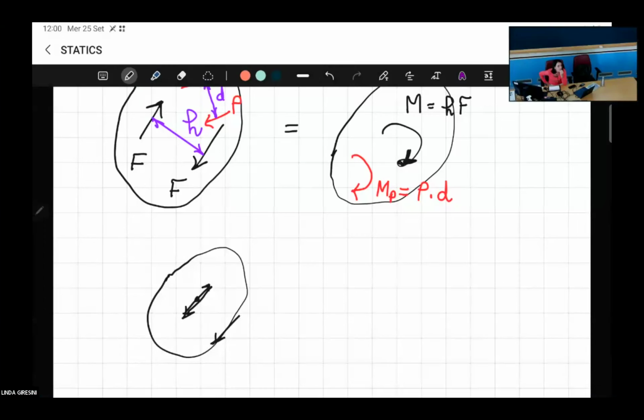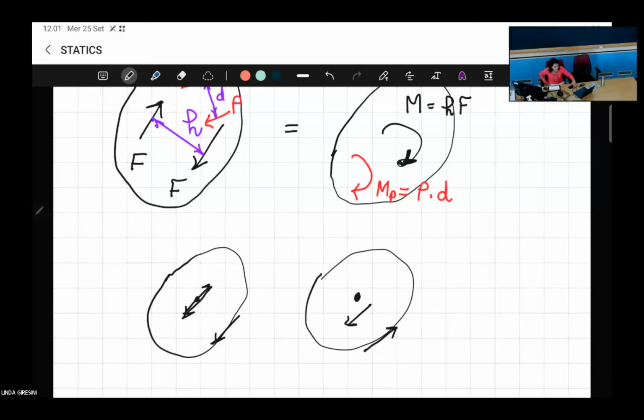Both of them on one side, outside of the center, both parallel forces. You are saying this is the center, 1 and 2, for example. They can rotate the body, of course.